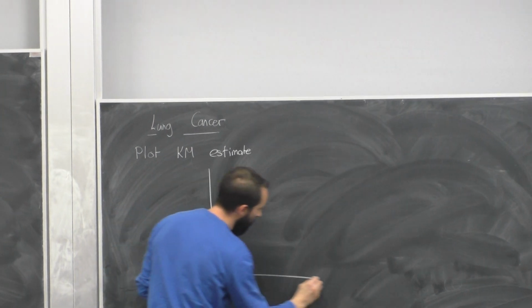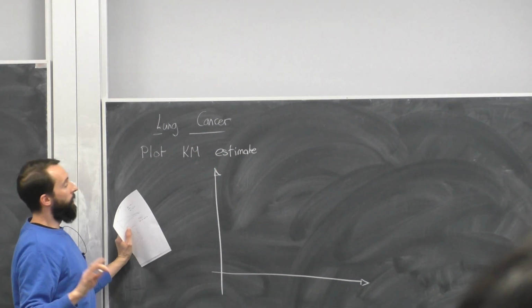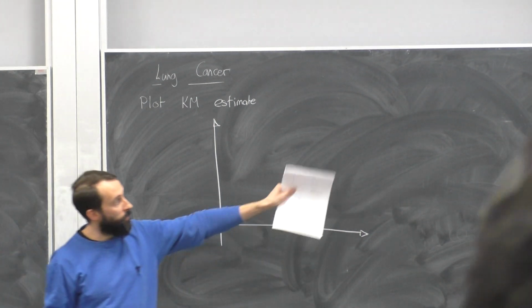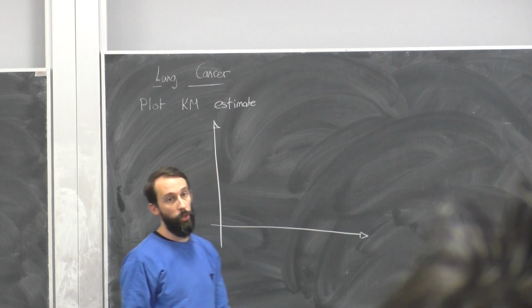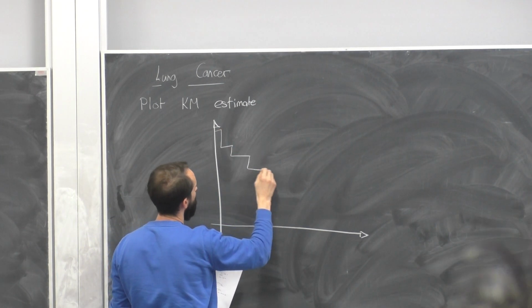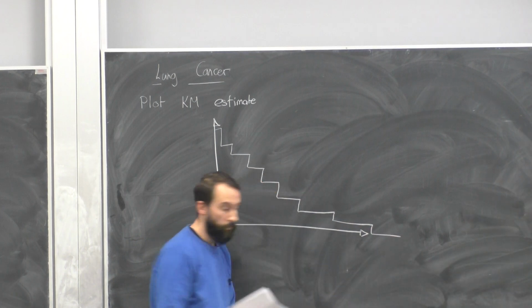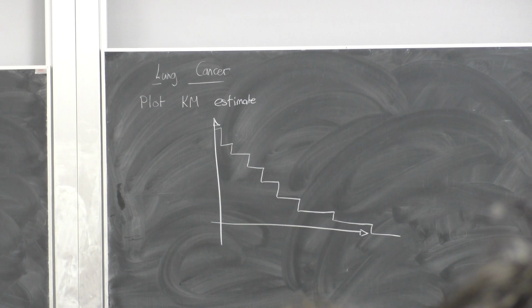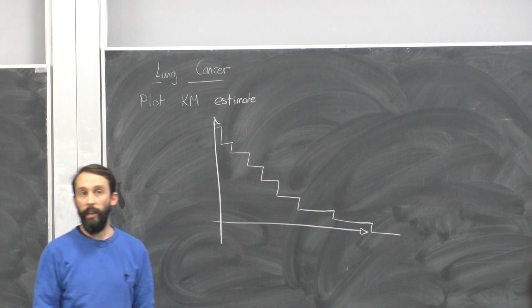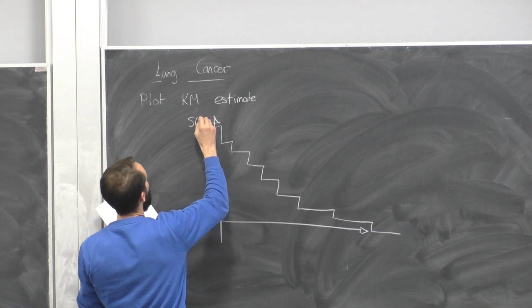So we might plot a Kaplan-Meier estimate. I do that first because at the moment we don't know if we can plausibly model my failure times by any particular distribution. So I plot my Kaplan-Meier estimate and maybe I get something that looks like that. This is my estimate of my survivor function.